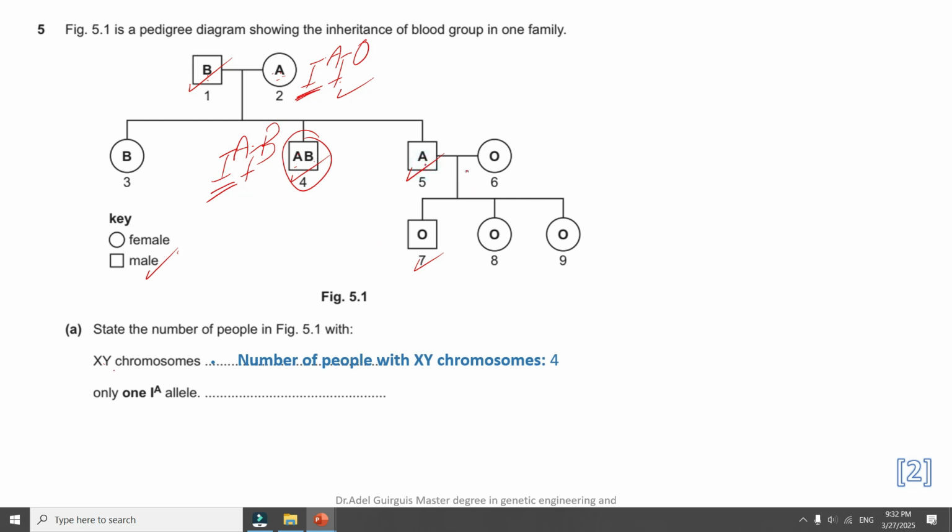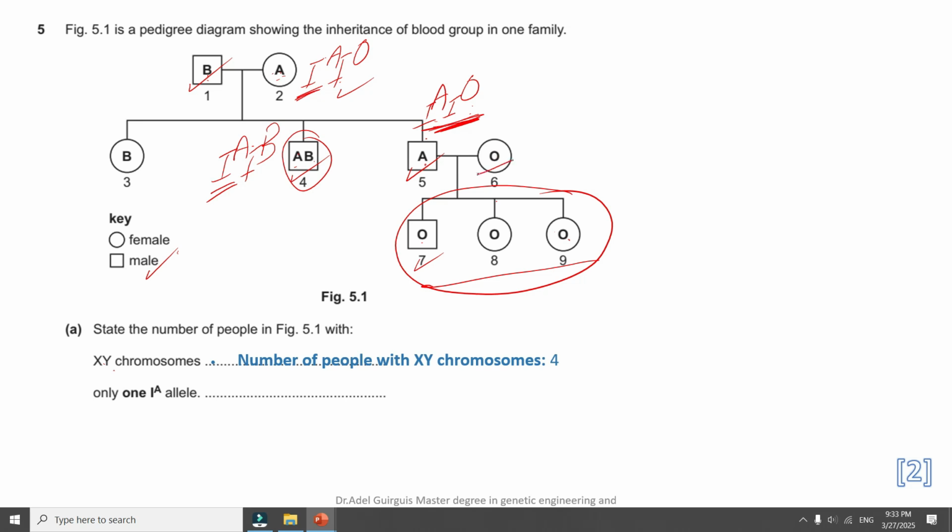Okay, as all offspring are O group, it means what? It means this individual is IA IO. Why? Because this heterozygous individual produces all offspring with O group.